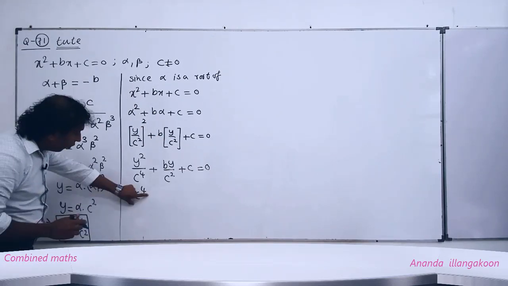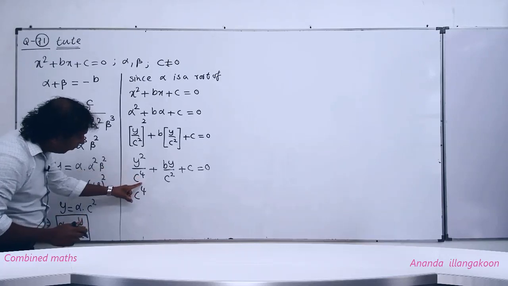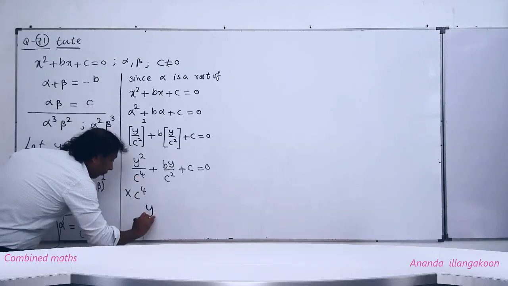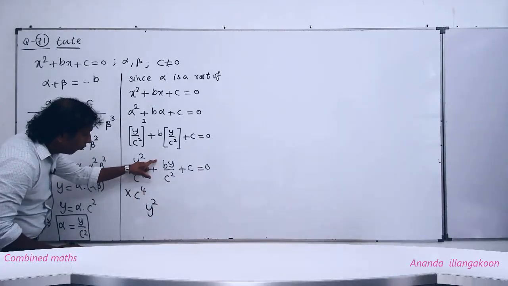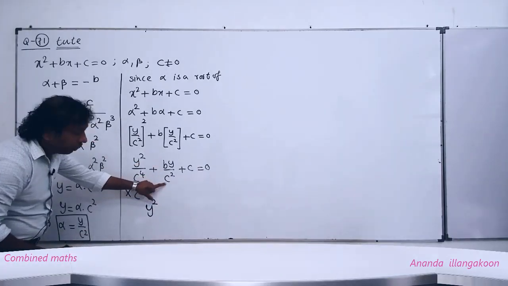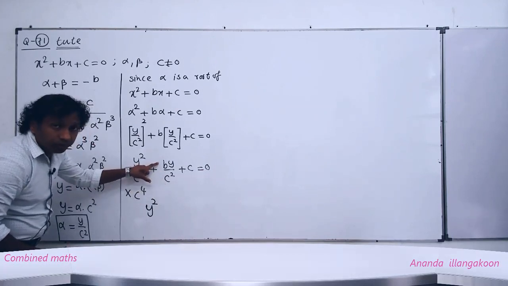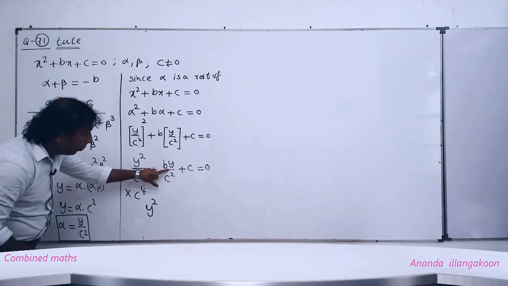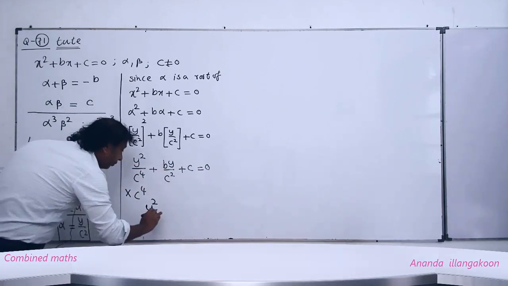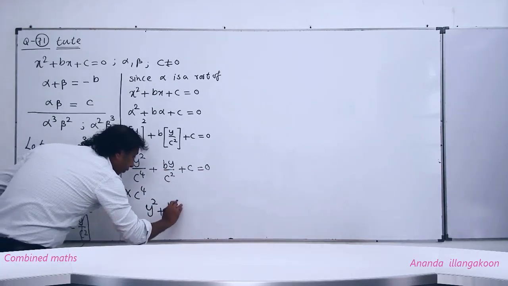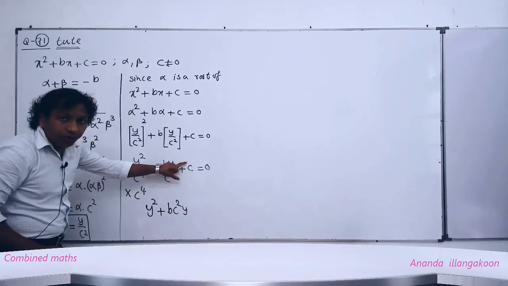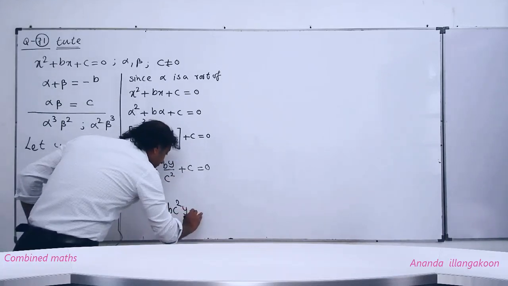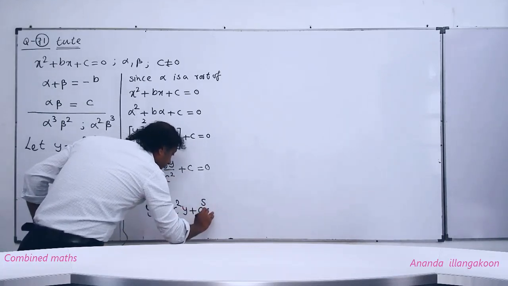This c to the power 4 when you write before this term, that and this will cancel off, giving only y squared. This c to the power 4 when you write before this term, c to the power 4 here, c squared here, then when you simplify, c squared comes into this place. Then b c squared y. And when you write here c to the power 4, c to the power 4 into c is c to the power 5, equals 0.